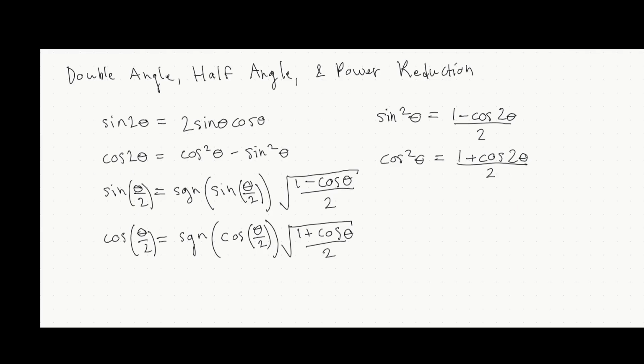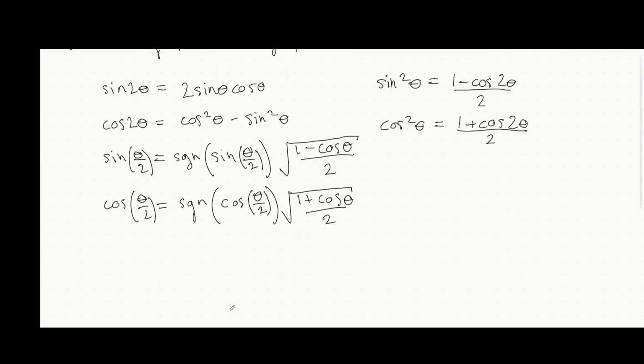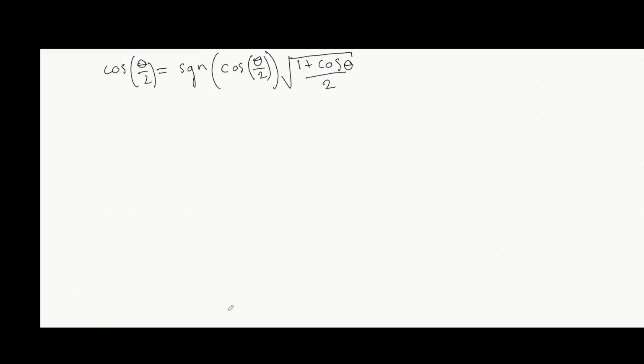Okay, so to start with, if we want sine of 2 theta, let's start with the angle sum formula. So we have sine, cosine, cosine, sine, and we'll just make alpha and beta the same.